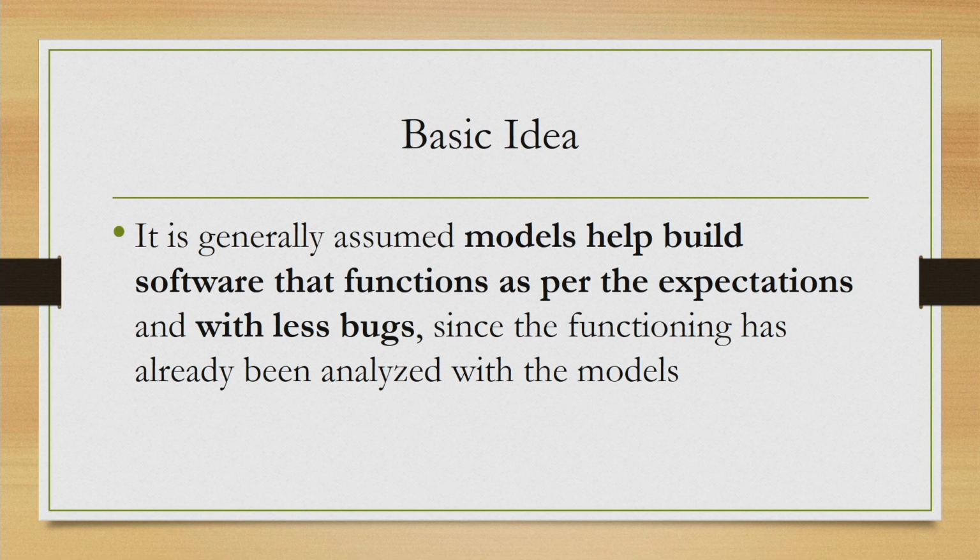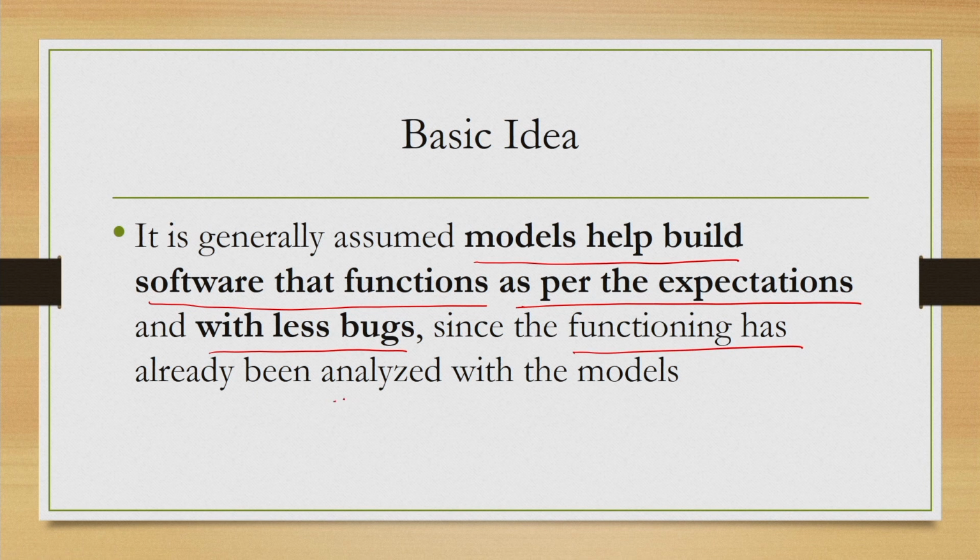Now, why do we go for models? Again, if we recap, we discussed this point earlier, let us restate it. Generally, we assume that models help us build software that functions as per the expectations and with fewer bugs, because the functioning has already been analyzed with the models.